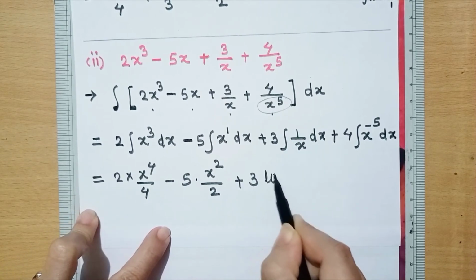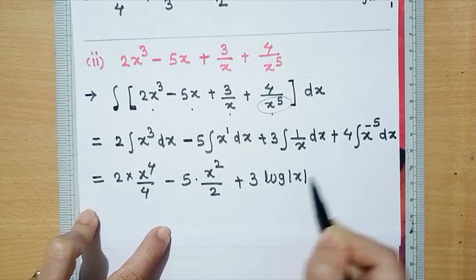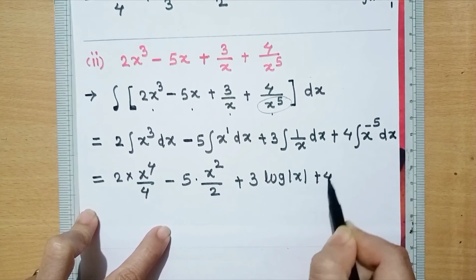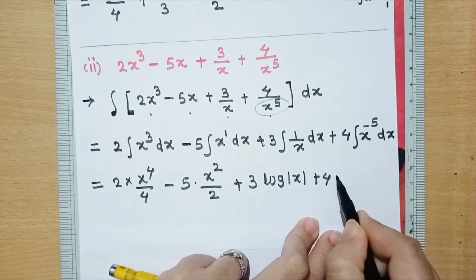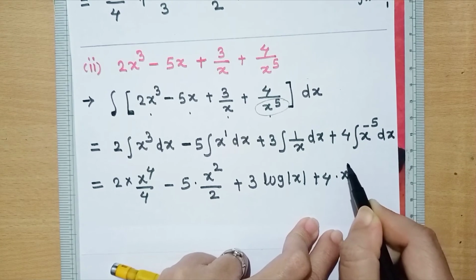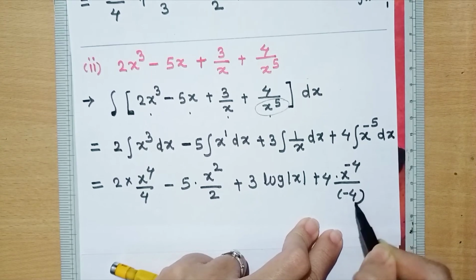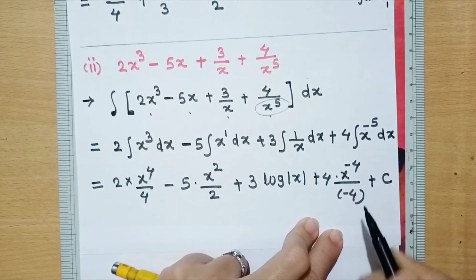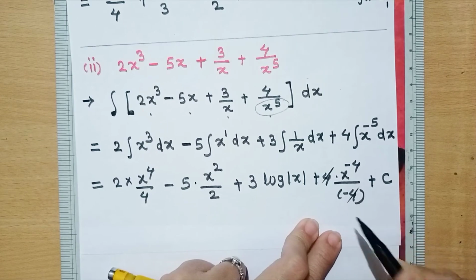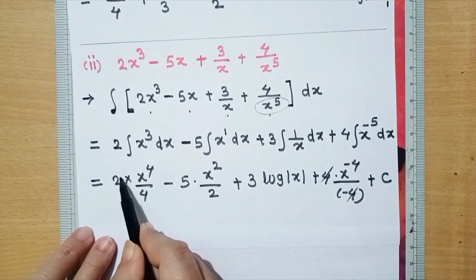Integration of 1 upon x is log of mod of x, and plus 4. Here also we will use the formula. So x raised to minus 5 plus 1, which is minus 4, and in the denominator also minus 4, and write down plus c. So here this 4 gets cancelled.